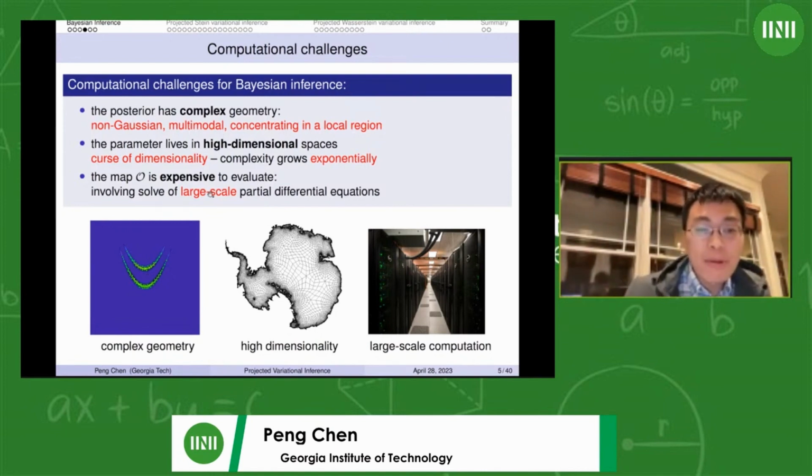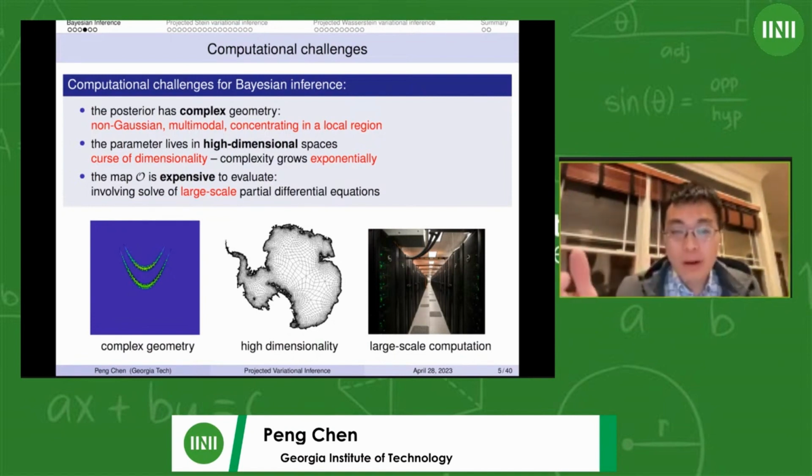Secondly, the parameter could live in a very high dimensional space. Like in the ice sheet model, you have the discretization of the mesh, and each mesh point becomes a random variable, with certain correlations between these random variables. Also in the COVID-19 example, you have the time-dependent parameter, where after discretization, for each day there is a random parameter, with certain correlations between them.